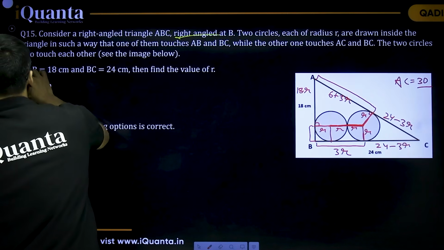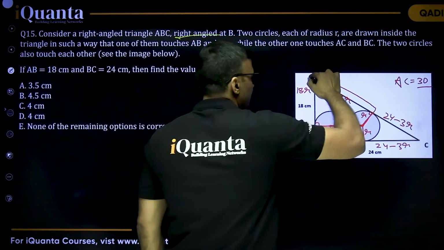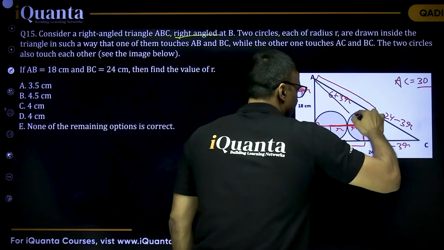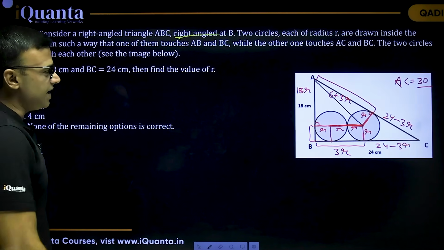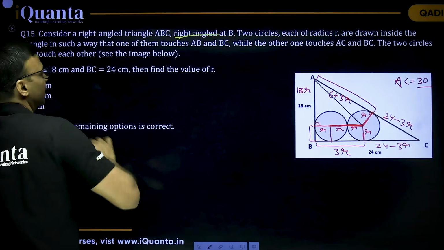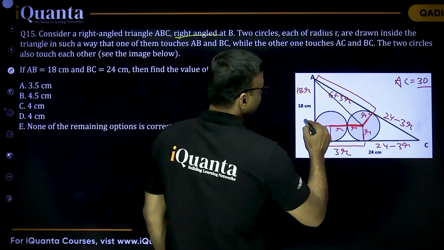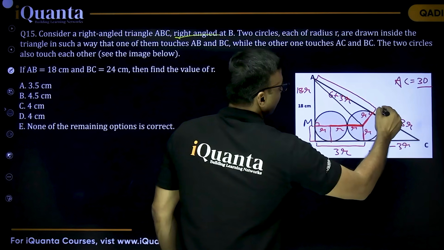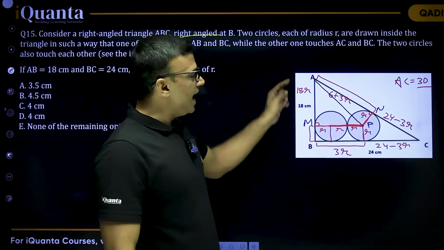Now comes the most interesting part. Look at that blue line carefully. Can you see that blue line is actually the hypotenuse of a right angle triangle? If I give names, this is M, this is N, and this is P. Look at the triangle AMP.